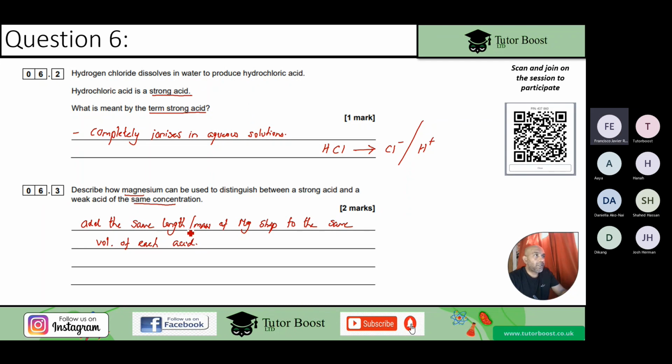So the length has to be the same and the volume of the acid needs to be the same. The concentration is already the same, so the only thing that should be different is the strength of the acid. In the stronger acid, the magnesium would dissolve faster. So it would completely dissolve much faster than in a weak acid.